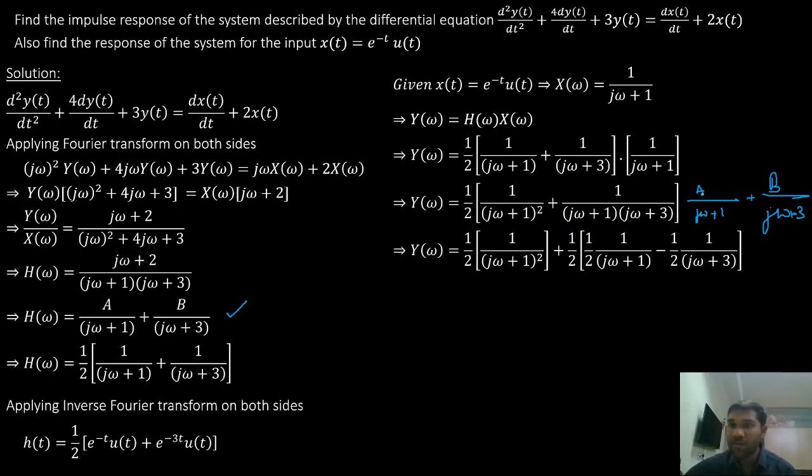In place of A, I write 1 by 2, and in place of B, I write negative 1 by 2.